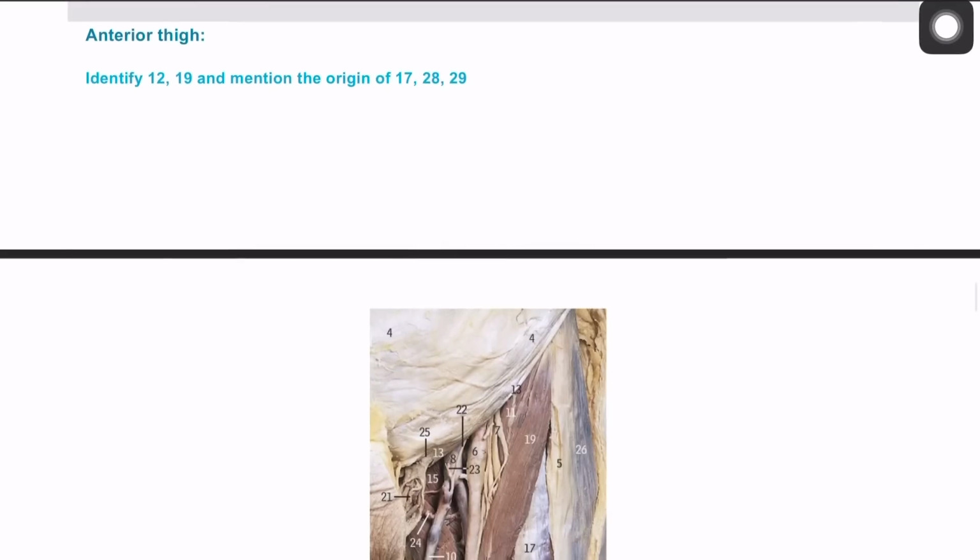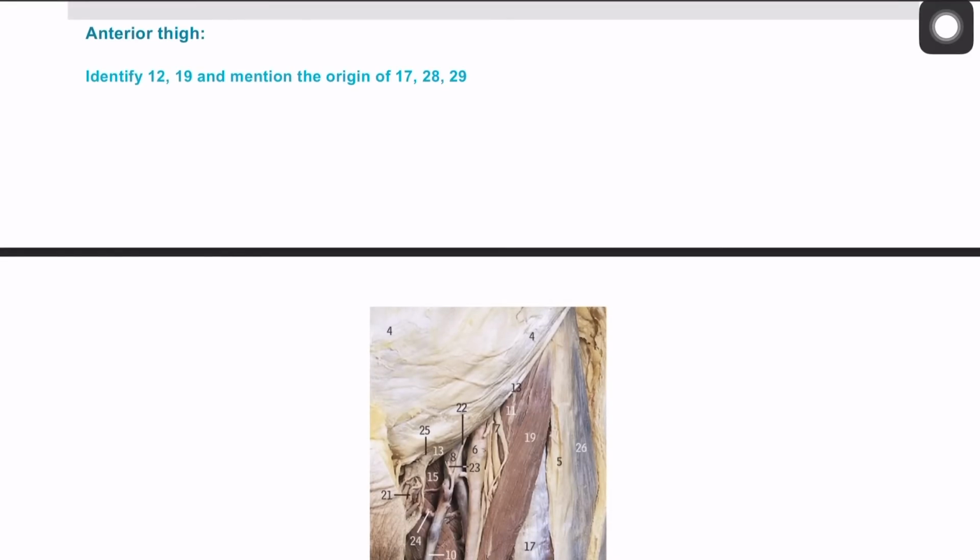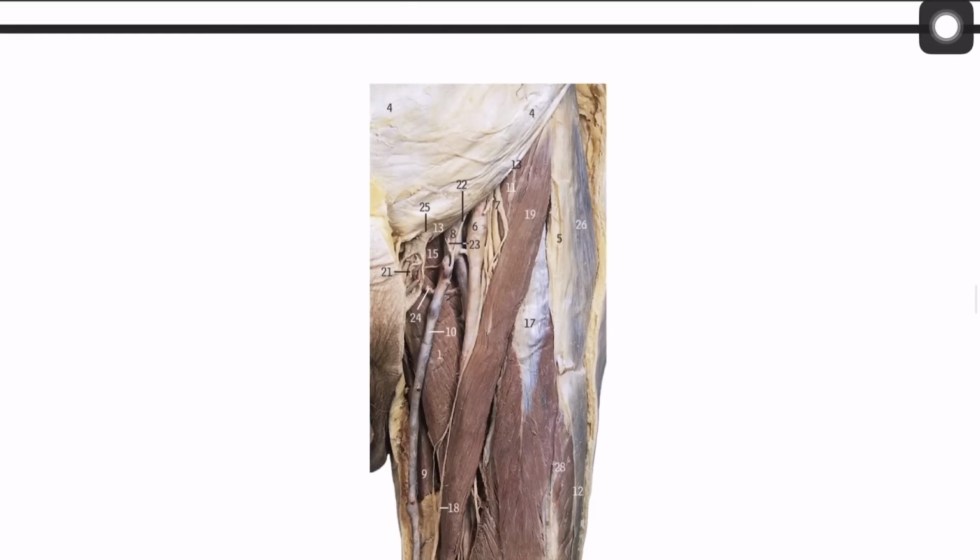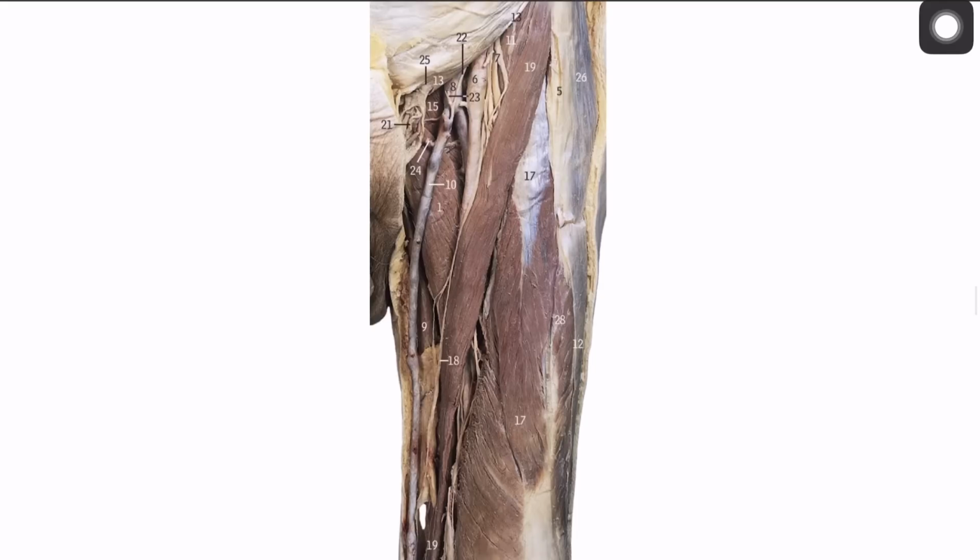Moving forward, let's talk about the muscles in the anterior thigh. You have a very important dissection here that has been dissected nicely, showing all the muscles in the anterior compartment of the thigh. Here you need to think about the quads, which are the vastus medialis, vastus lateralis, rectus femoris and vastus intermedius, and also the sartorius muscle, and the fascia lata and what's attached to it.